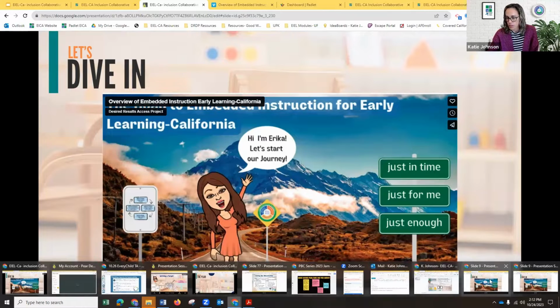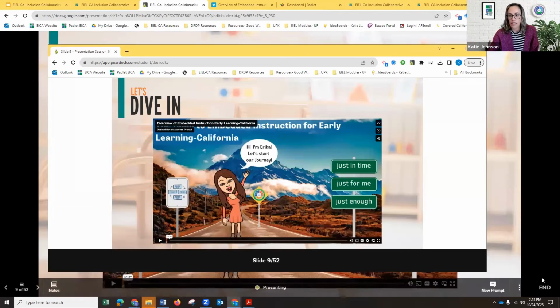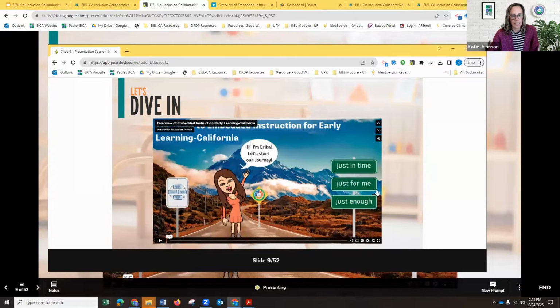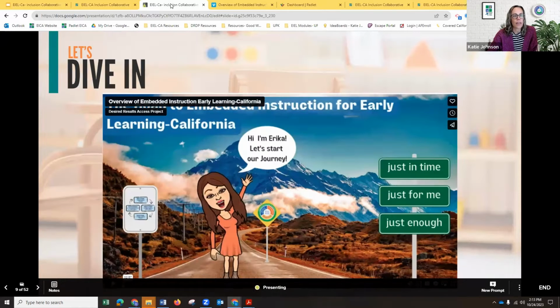Awesome. All right. I have so many tabs open. It happens so fast. Great. So let me know if anything comes up and you all find anything that you want to share. Okay, as we go through, you will have opportunities through Pear Deck.